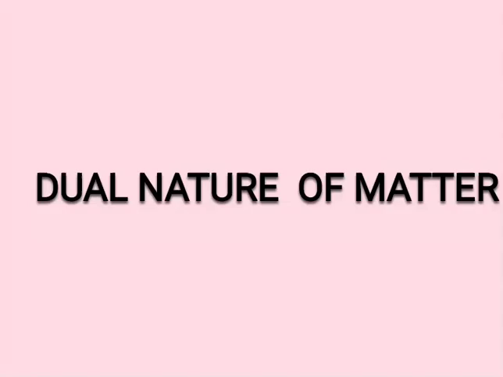Today we will talk about the dual nature of matter, or dual behavior of matter. So far we have learned that electromagnetic radiations have a dual nature, that is, wave and particle-like character.